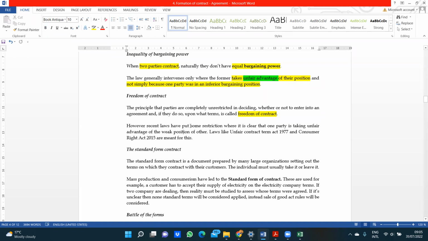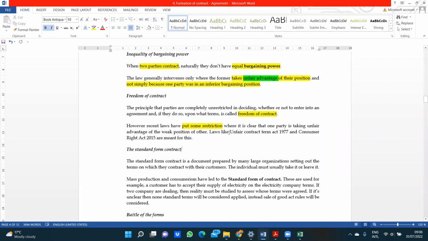However, recent laws have put some restrictions on the freedom of contract, where it is clear that one party is taking unfair advantage of the weak position of the other. So the court has set up some laws, because it is clear that in most cases someone with a higher position is taking unfair advantage of someone with an inferior position.